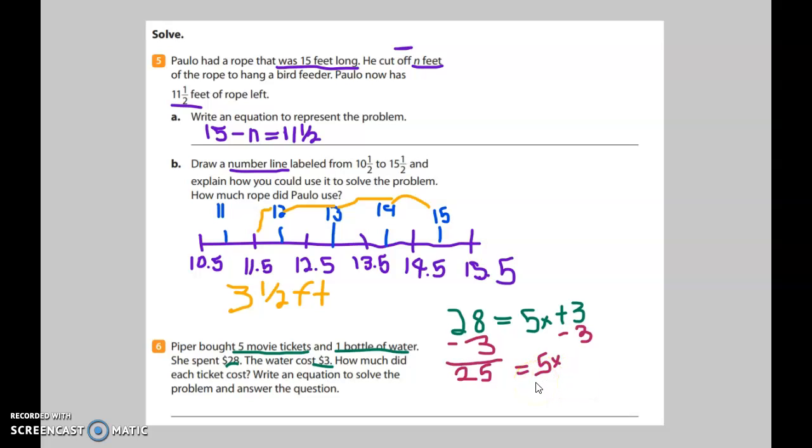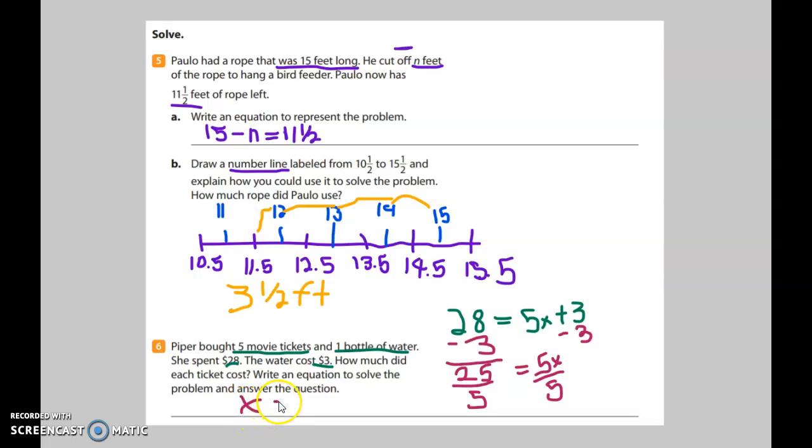Well, I'm almost to the point where that x is by himself. He's almost isolated. We know that when we have a number next to a variable, they are being multiplied. So what's the opposite or the inverse of multiplication? Division. So I'm going to divide this side by 5. If I'm dividing this side by 5, I'm also doing it to this side. 5 divided by 5 is 1, so x is now officially by himself.